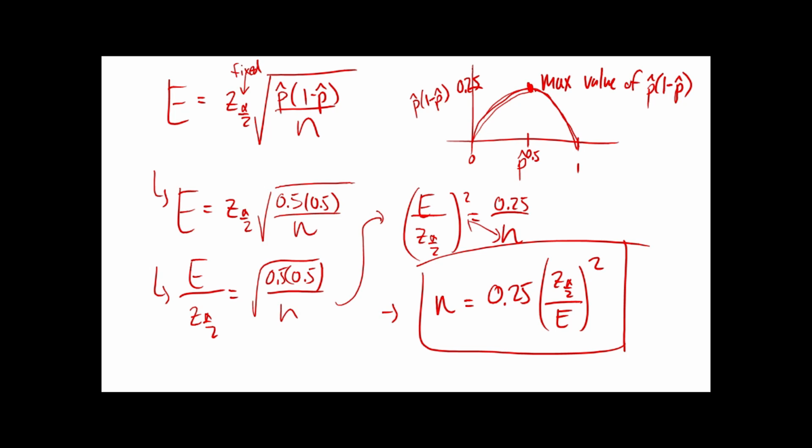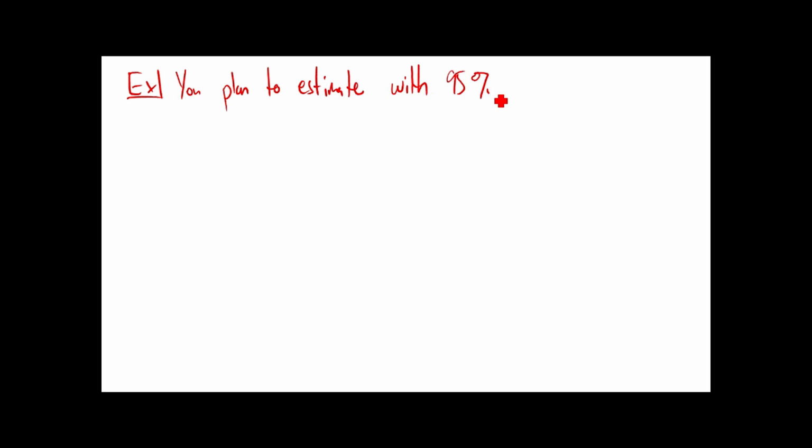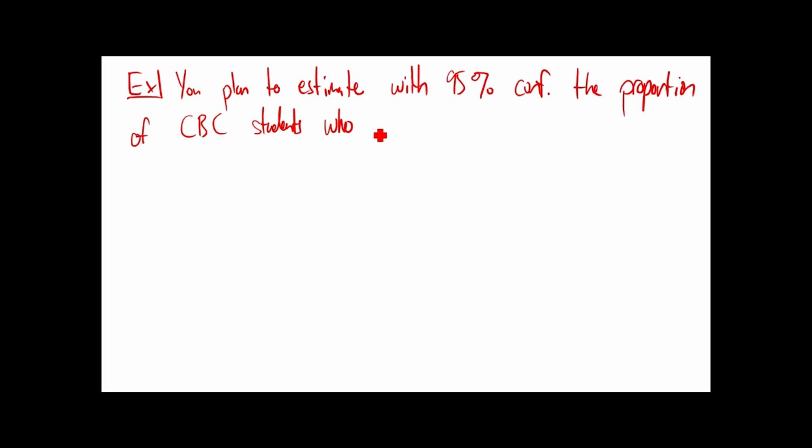All right. So let's do an example here. Let's say you plan to estimate, with, let's say, 95% confidence, the proportion of, say, CBC students who work full-time.